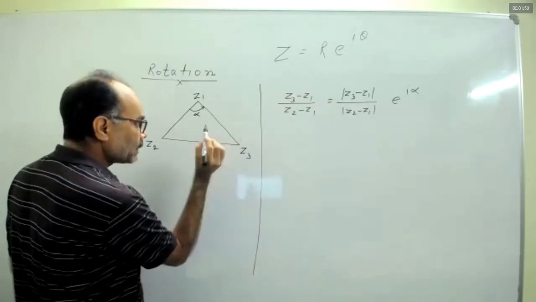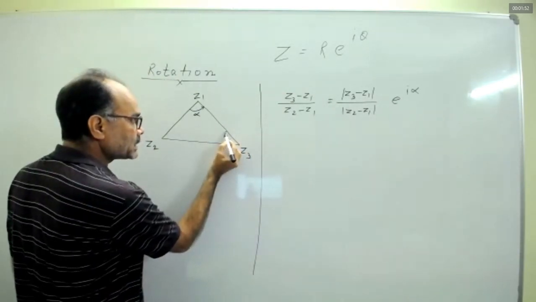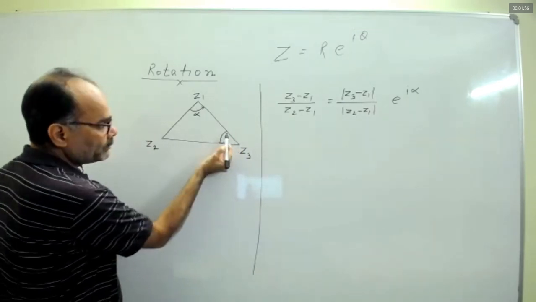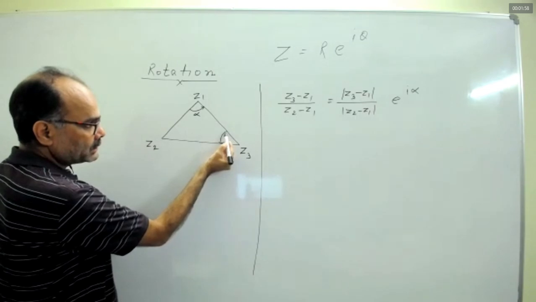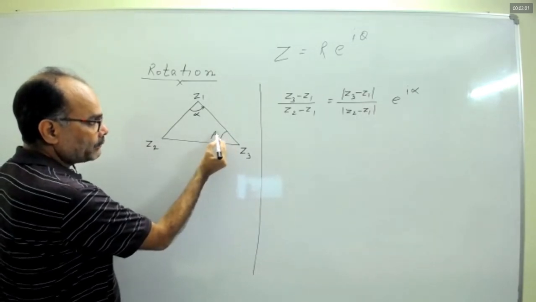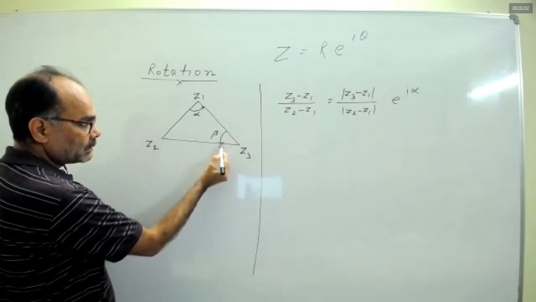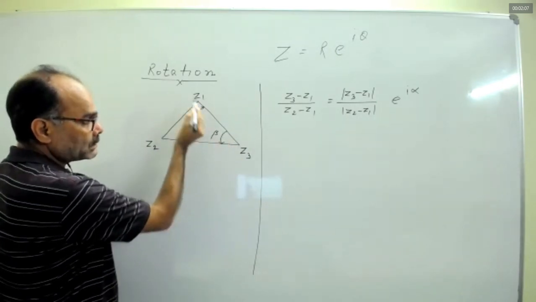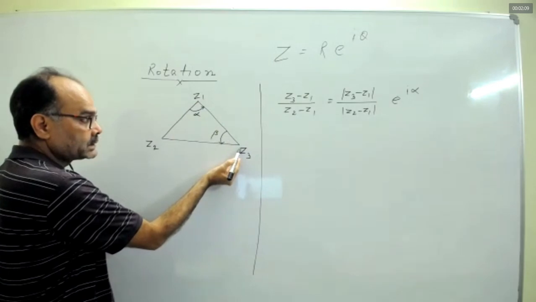Okay, no problem. Now, suppose I establish the same result about Z3, moving in the anti-clockwise direction. What is the final vector? Z2 minus Z3. The initial vector is Z1 minus Z3.